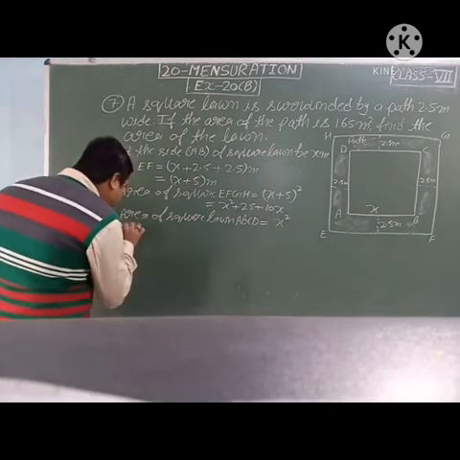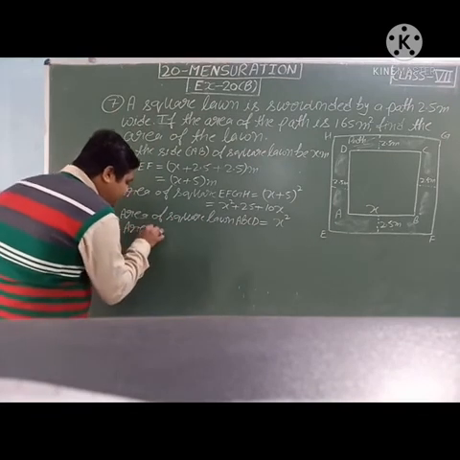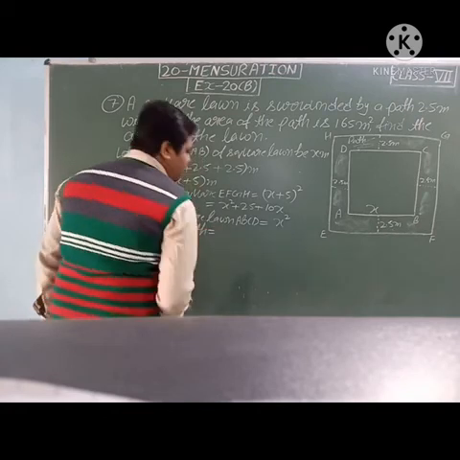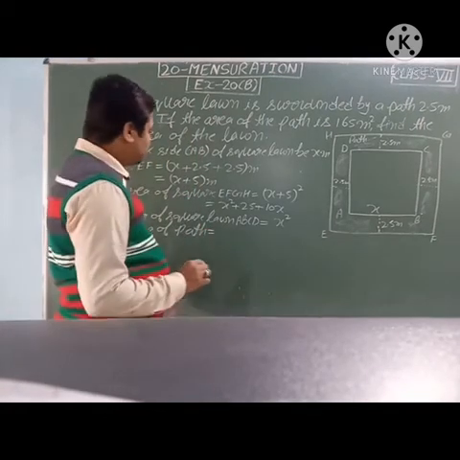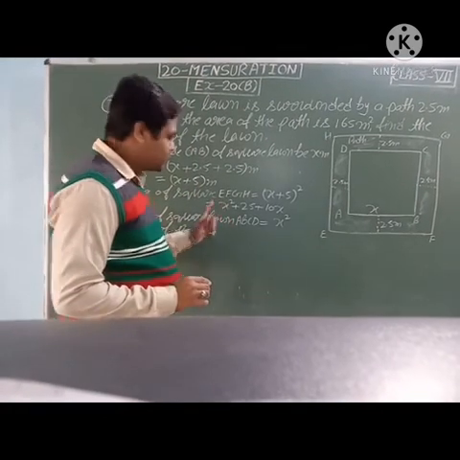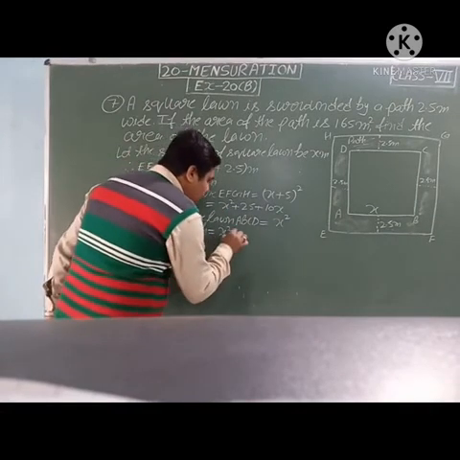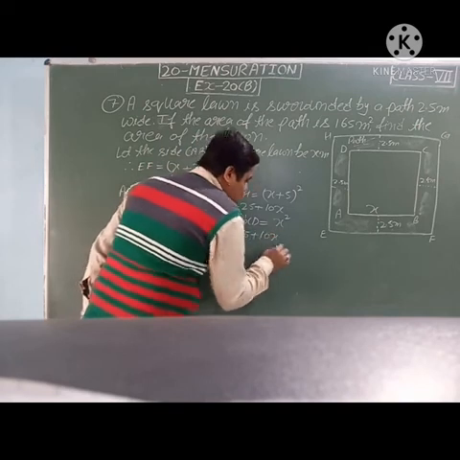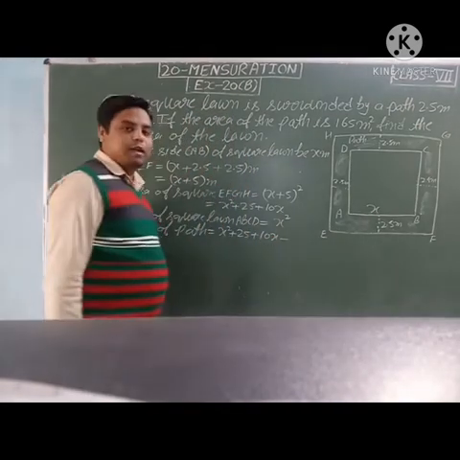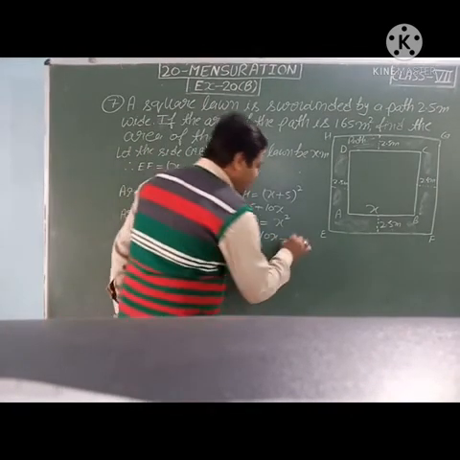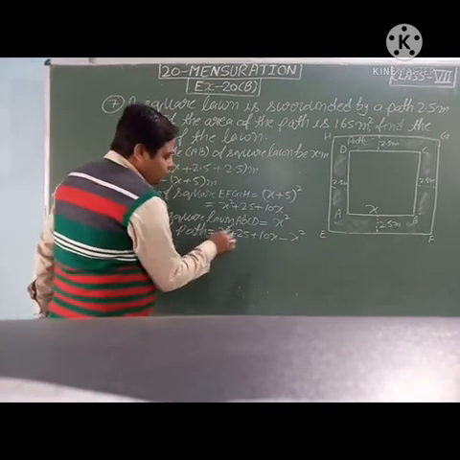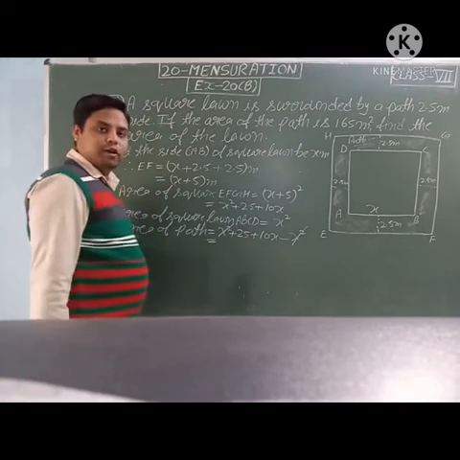So area of path is equal to area of square EFGH, x square plus 25 plus 10x, minus area of square ABCD, that is x square. So x square cancels.